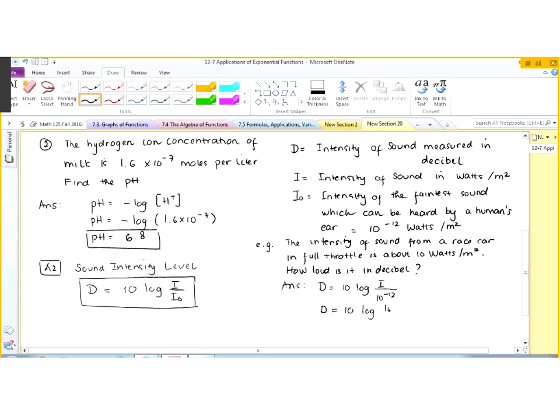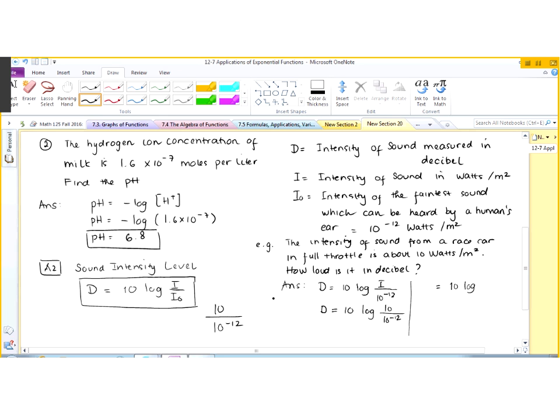So 10 times log 10 over 10 to the negative 12. So this is equal to 10 times log of what? What is 10 divided by 10 to the negative 12?